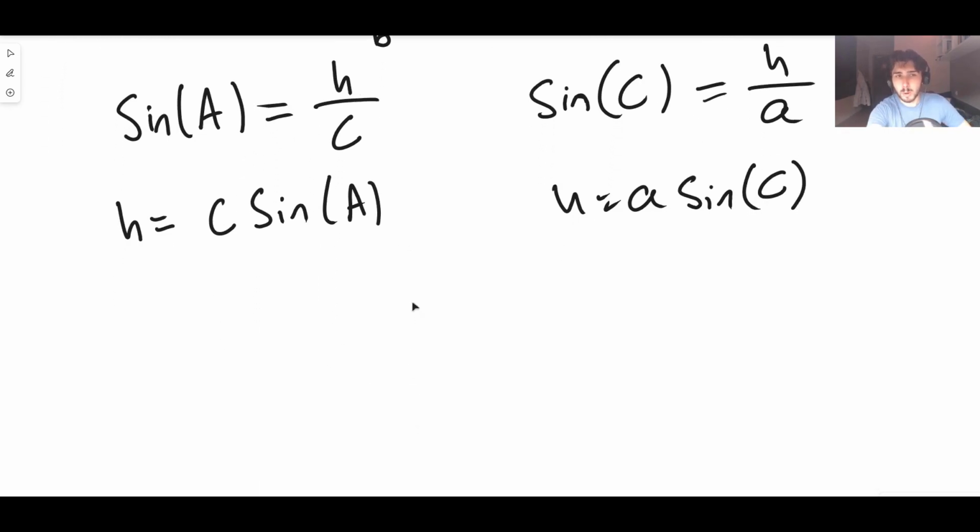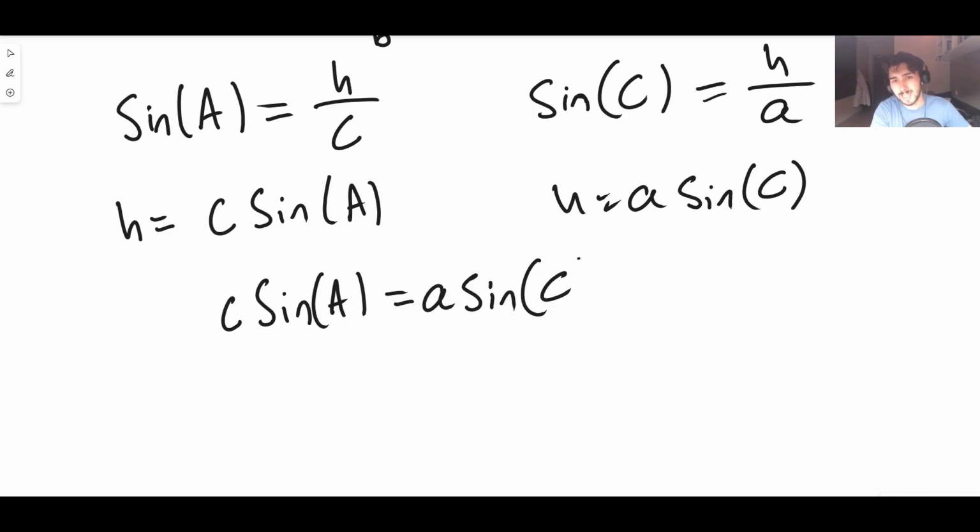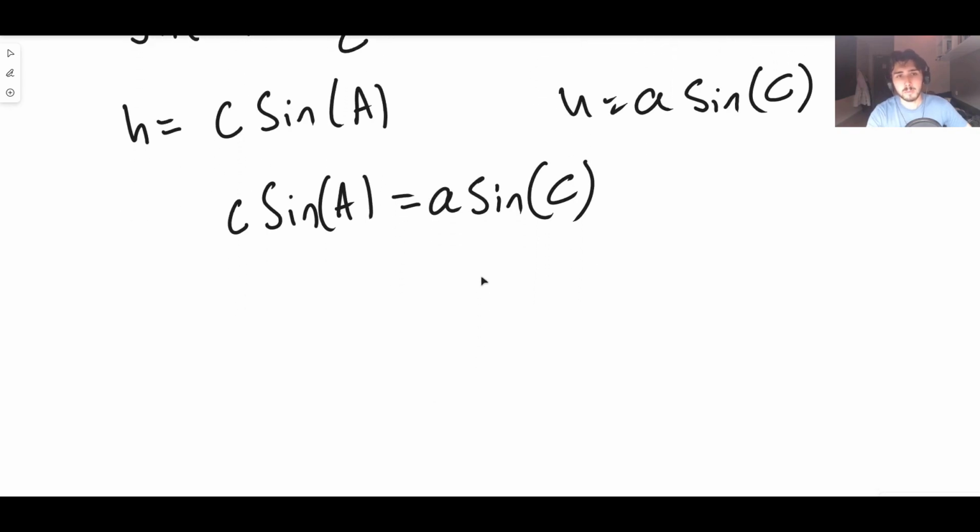Now, because they're both equal to h, they must be equal to each other, which means that lowercase c times sine capital A must be equal to lowercase a times sine capital C. Then, by just doing some simple rearranging, you can divide both sides by a, and then divide both sides by c.